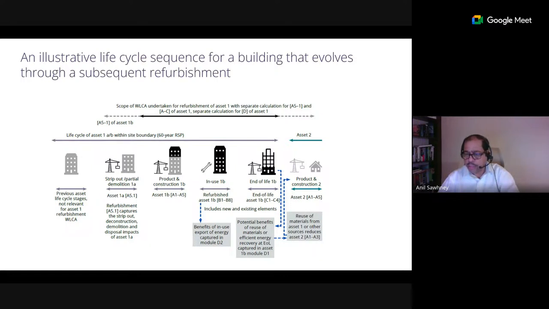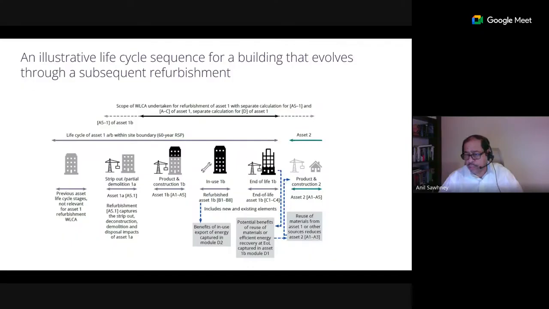And then 1B is going to have the second asset, which came into being after the refurbishment. You will do A1 to A5 from there. So this portion is the new portion. The A1 through A5 calculations for 1B will be totally focused on this.